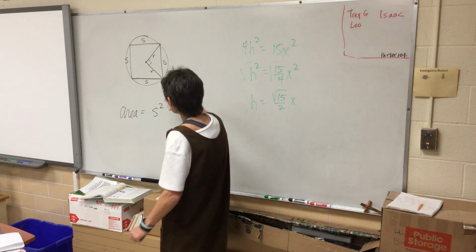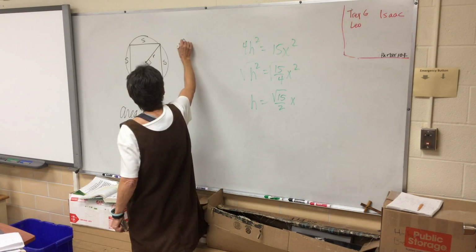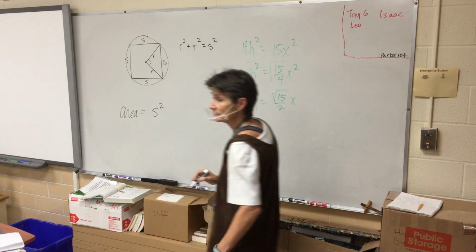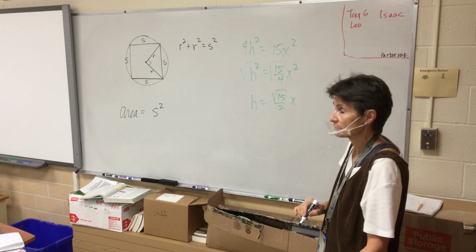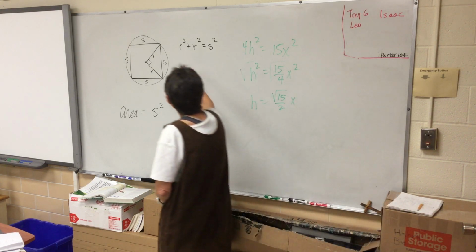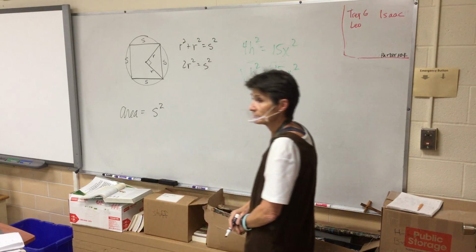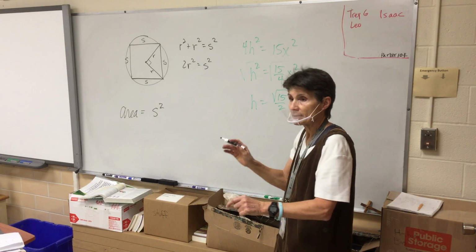Which means, can I do another Pythagorean theorem right here? So r squared plus r squared equals s squared. So 2r squared equals s squared. Wait a minute.